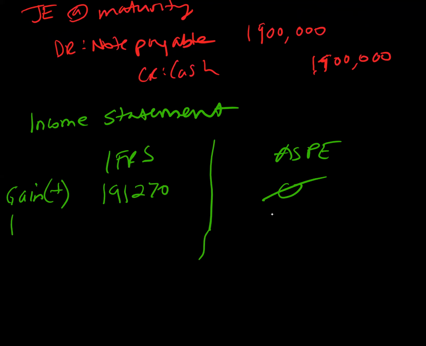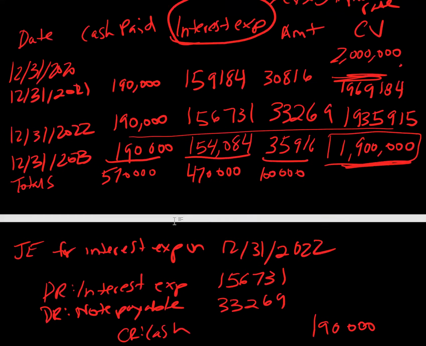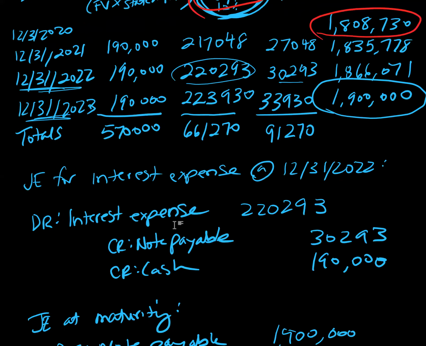Now the interest expense that went through the income statement, which is part of our effective amortization schedule, is obviously a negative impact. It's a debit to an expense through IFRS and ASPE. So what was the total interest expense that we recognized through IFRS? Let's scroll way up and check that number. Here we go.